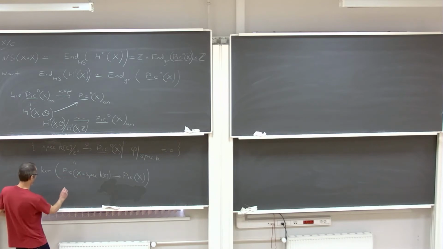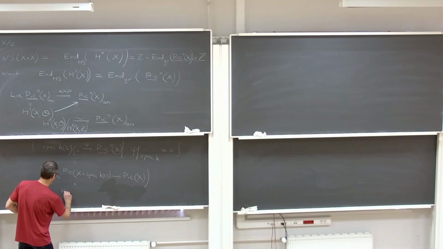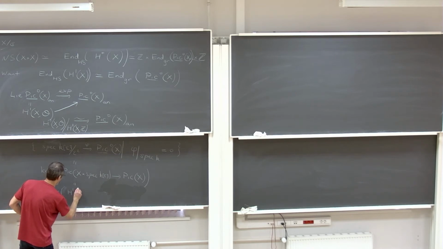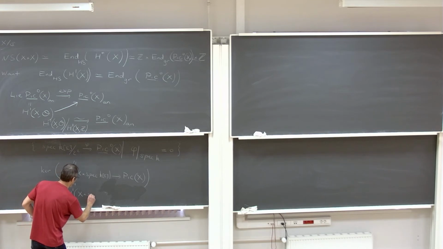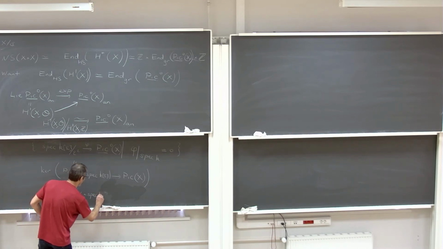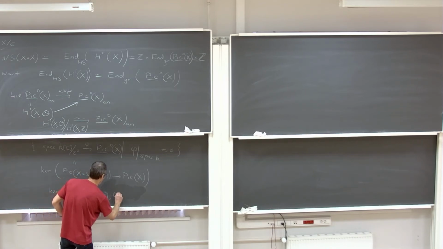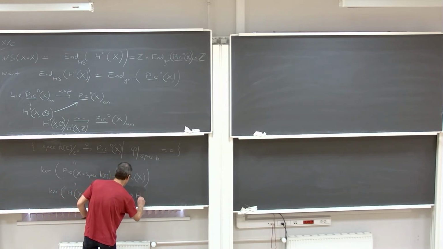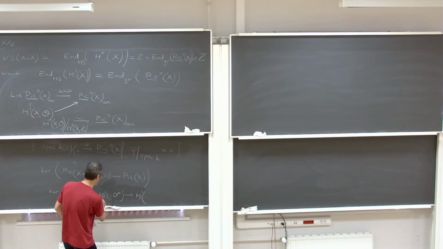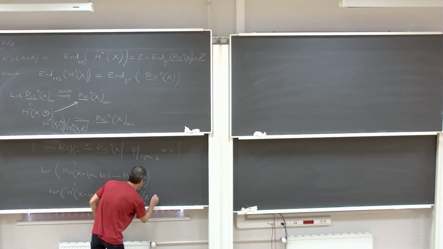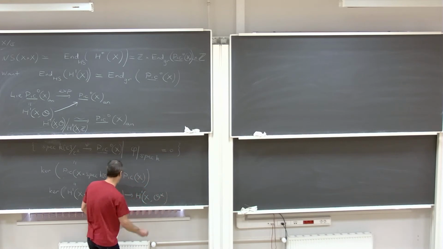Okay, and now this is the same as the kernel of the map from H1 tensor with spec k of epsilon to this group. These are the same, the underlying topological spaces are the same, but the sheaves are different.